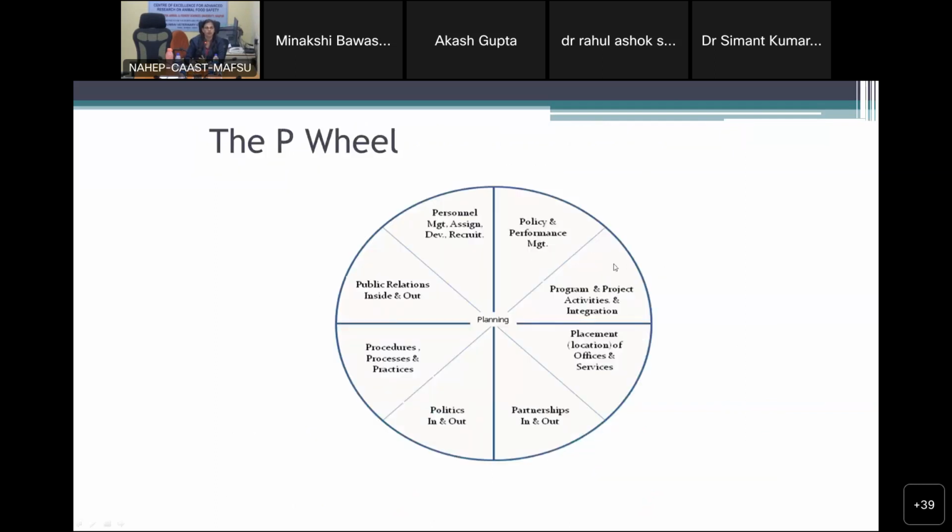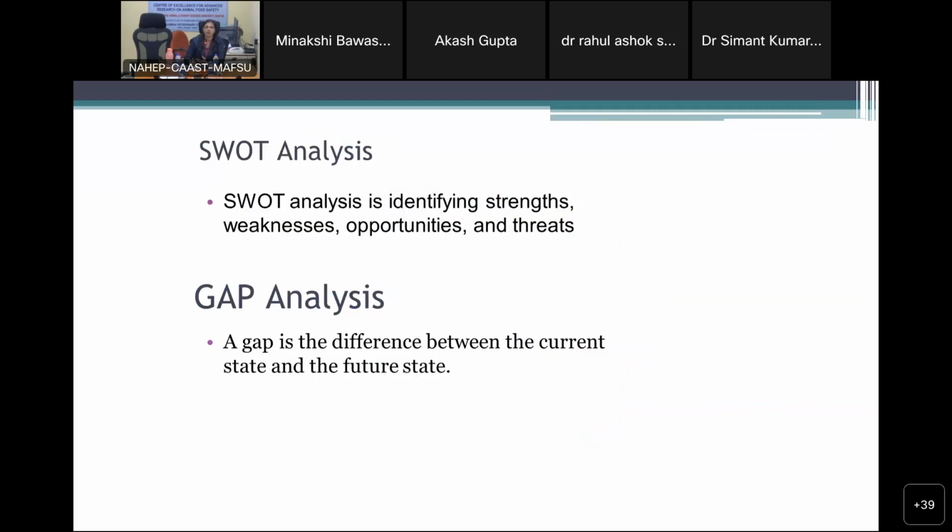And this is the P-Wheel. This is also very simple, something related to the same. These are the tools, and gap analysis is the difference between the current state and the future state. So where we are now and what you want to be. From now to then, what is the difference and how will you bridge this gap?